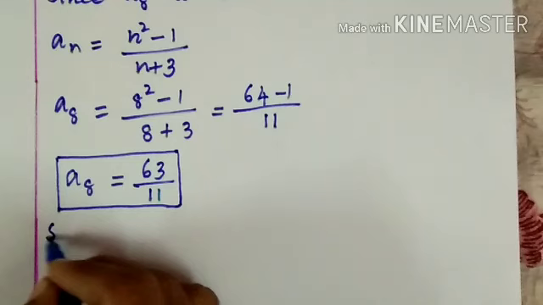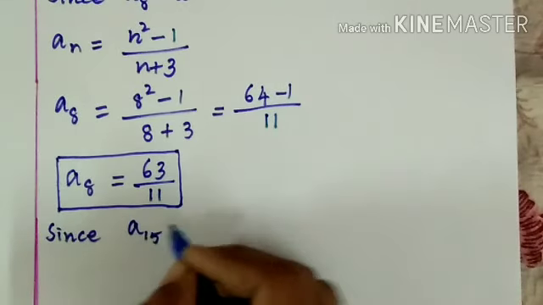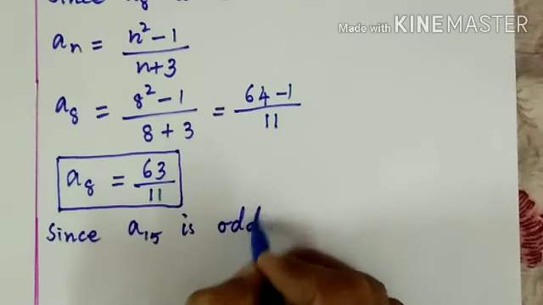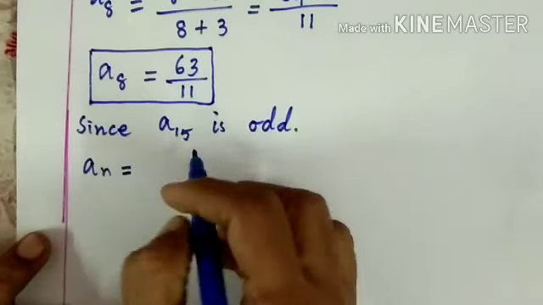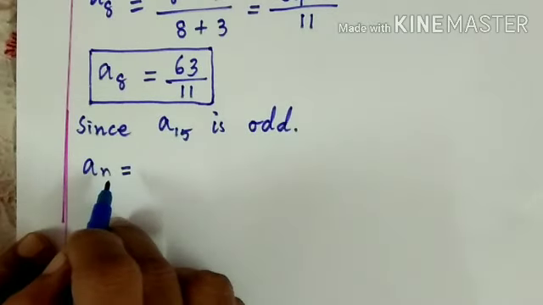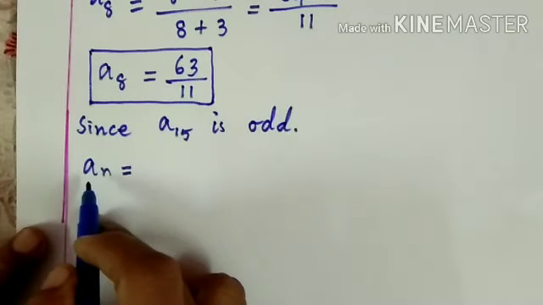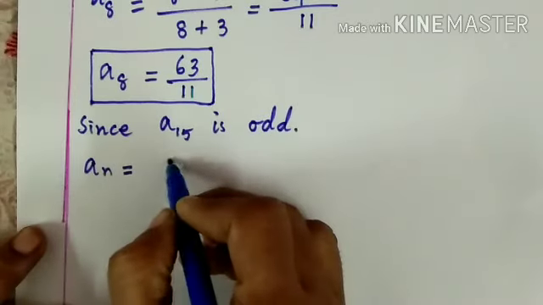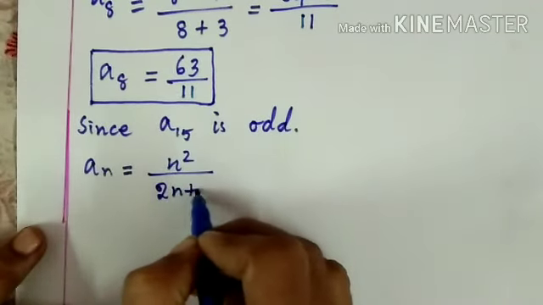A15. Since A15 is odd number, therefore an is equal to, here you take the odd number general term which is given in your question, that is an is equal to n squared by (2n plus 1).